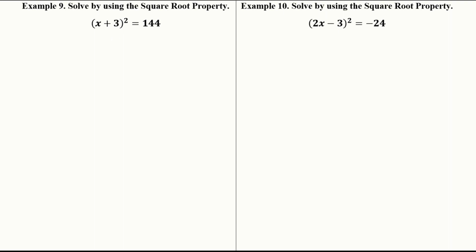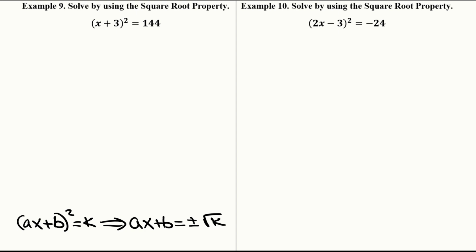Let me remind you, the more general version of the square root property said that if (ax plus b) squared equals k, that implies that ax plus b must be plus or minus square root of k. So we're going to apply this version.